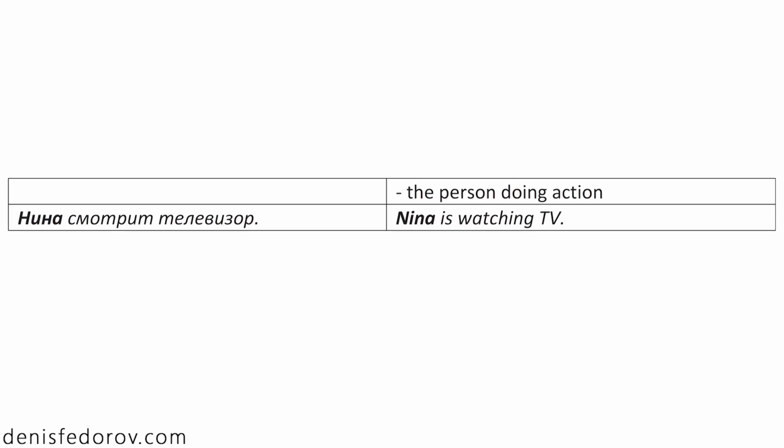Nina is watching TV. This person doing action example is the best example for the nominative case because we've called the nominative case the subject case, which basically shows us who or what is performing the action of the verb. So, yes, it's the nominative case. Nina is the subject performing an action.